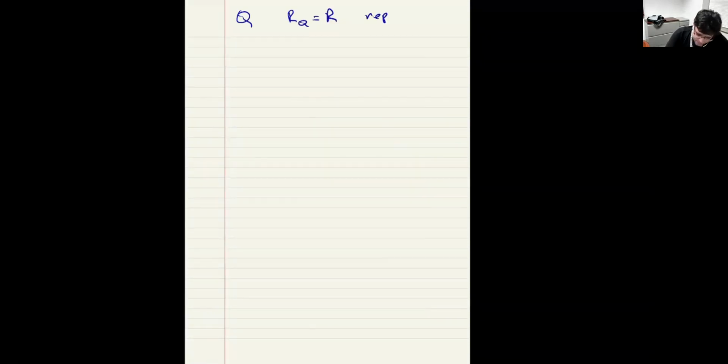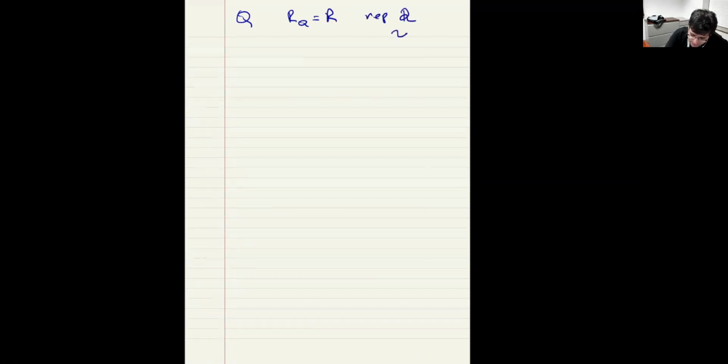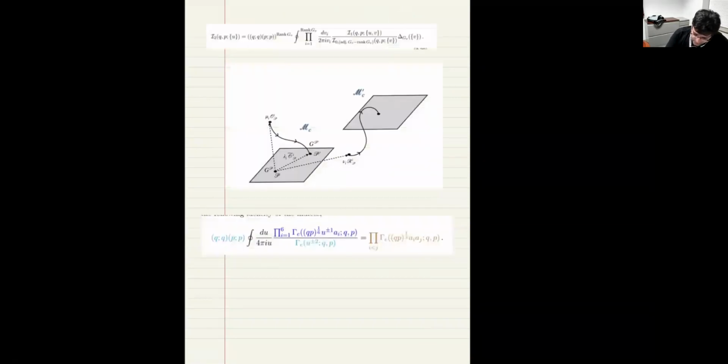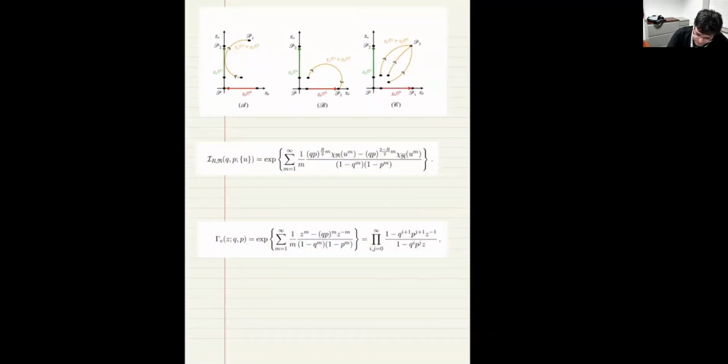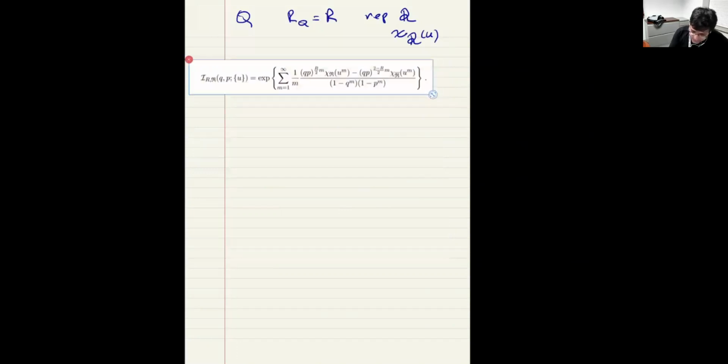So the way to compute the index is that if you have a chiral operator, let's call it Q, and the R charge of this operator is some number R, and it is in a representation, this curly R, of your global symmetry group, such that the character of that representation is like that, then you can easily compute the contribution to the index of this chiral field with this simple formula.